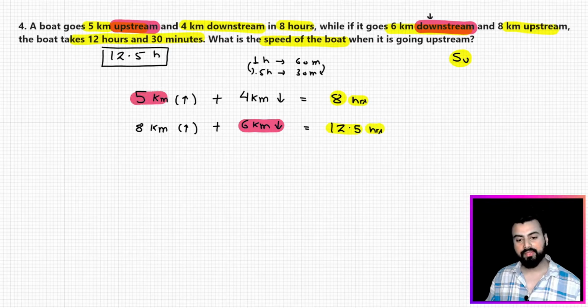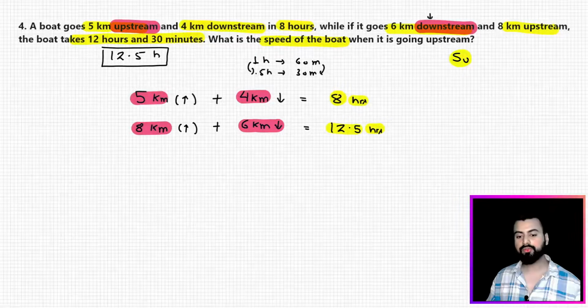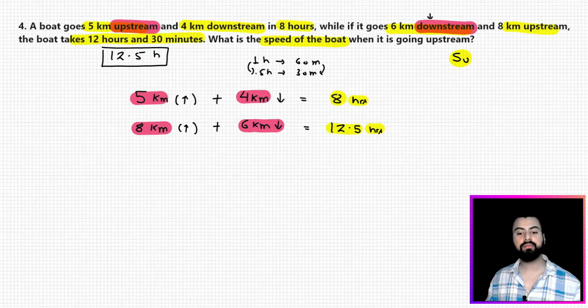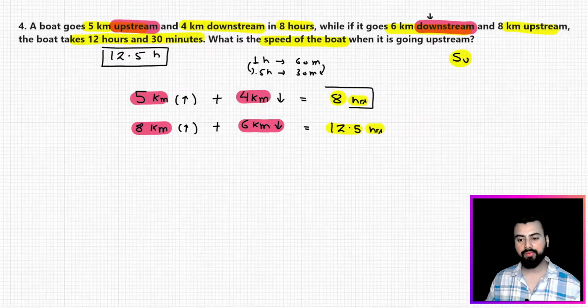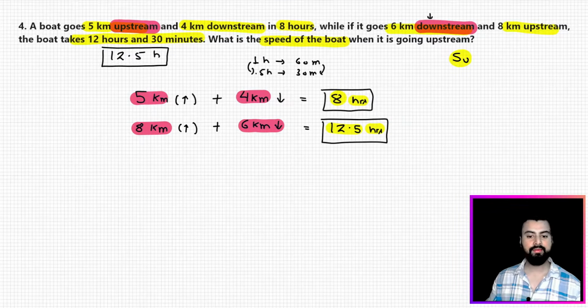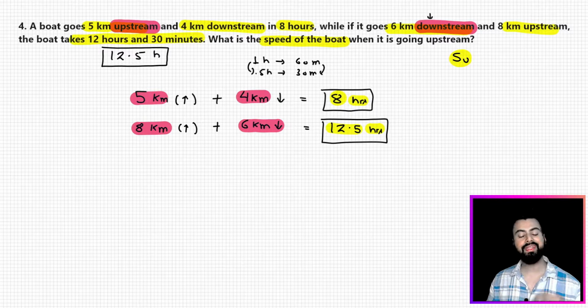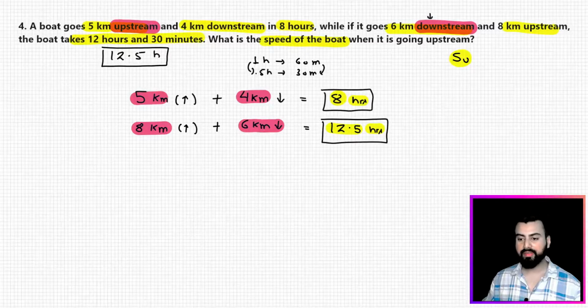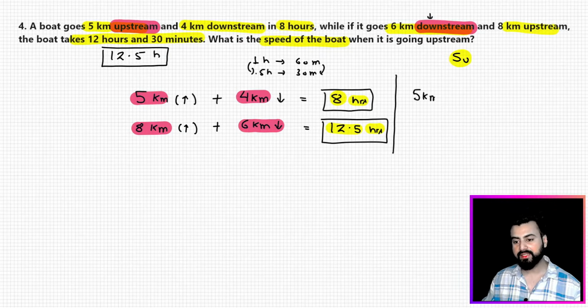But if I look at the left hand side, these are distance values. So to maintain the consistency, let me write down everything in terms of time only, because on the right hand side these are values of time, but on the left hand side these are distances. So to maintain the consistency, I have to convert everything in terms of time. So let me convert these equations. So 5 kilometer is the distance.